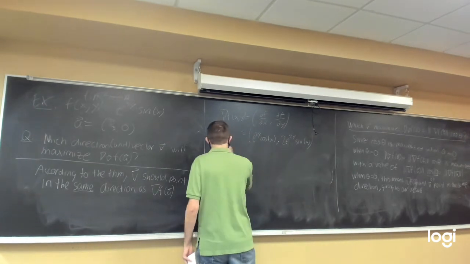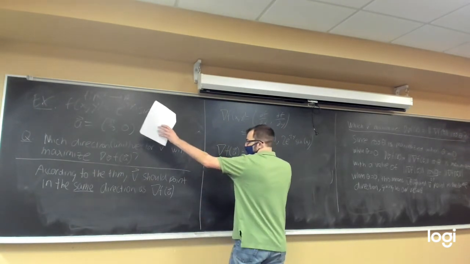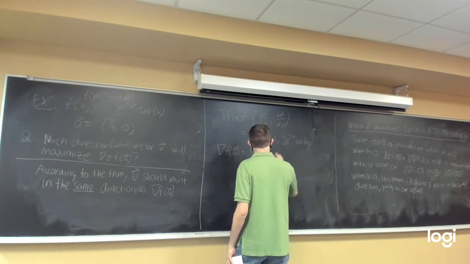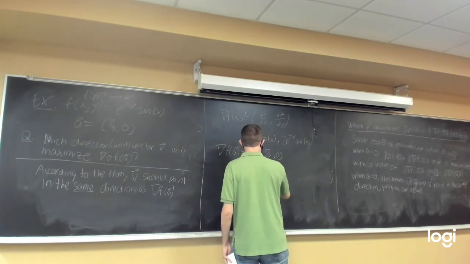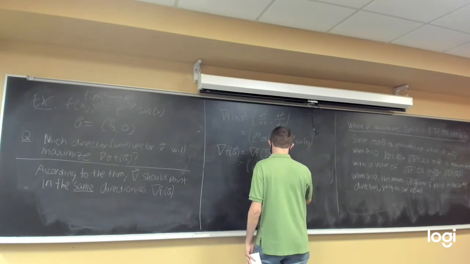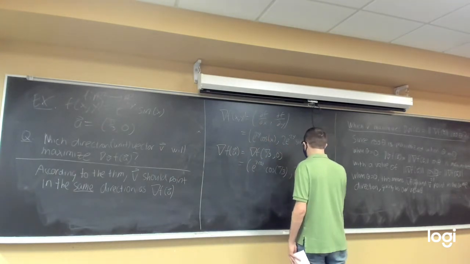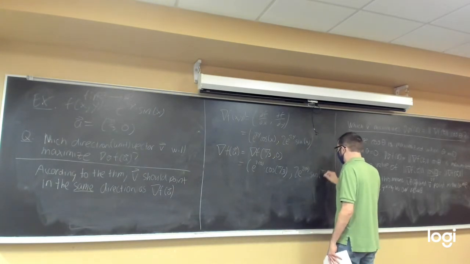And so when we plug in our a, which is pi over 3 comma 0, that's going to give us e to the 2 times 0 cosine of pi over 3, comma, 2e to the 2 times 0 times sine of pi over 3.